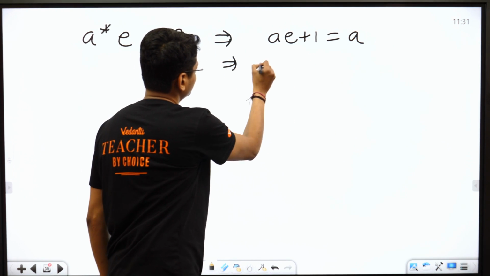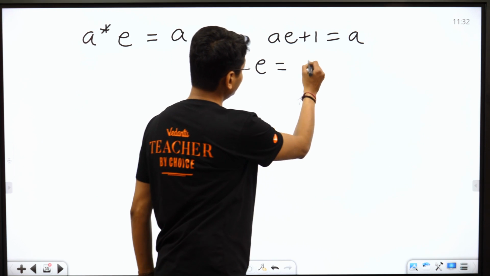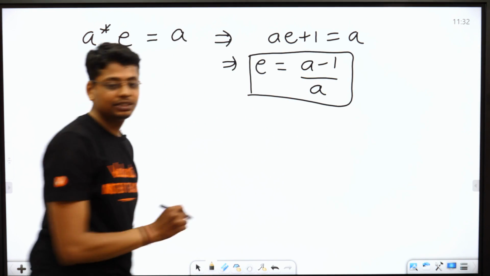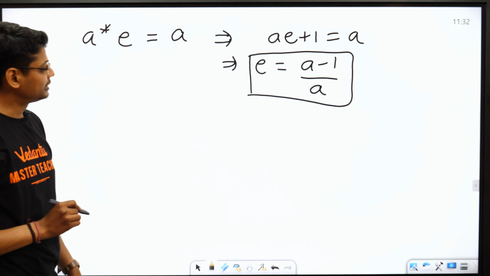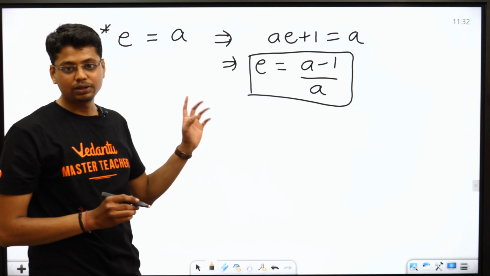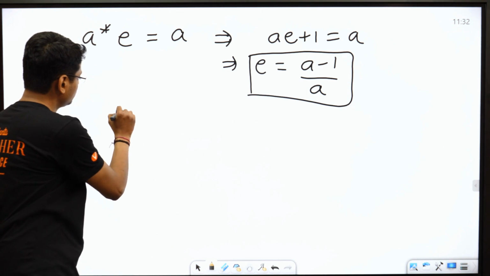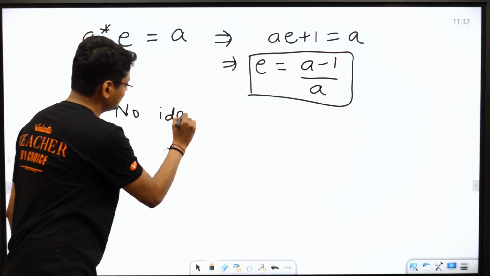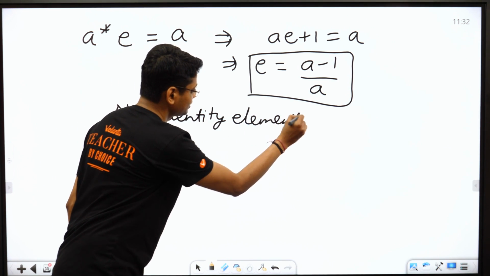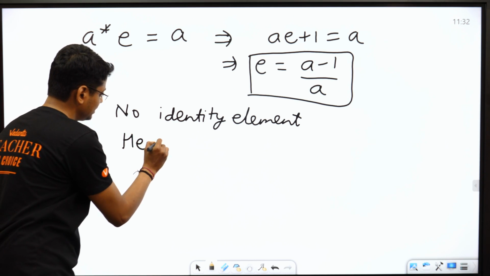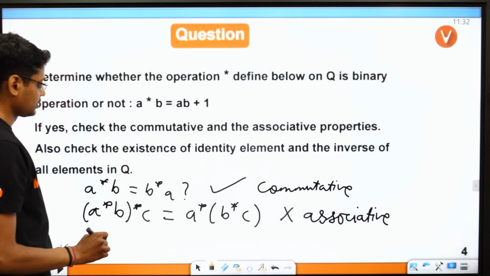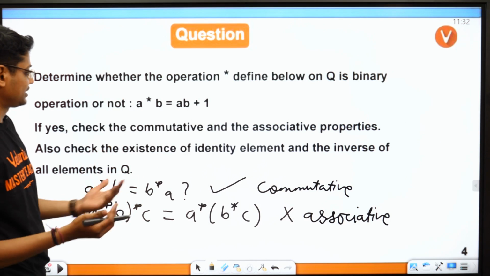So e would be what? e would be (a − 1)/a. Now this e depends on a. So there is no identity element as such corresponding to this operation. So no identity element, and hence no inverse exists. Hence no inverse as such can be defined.